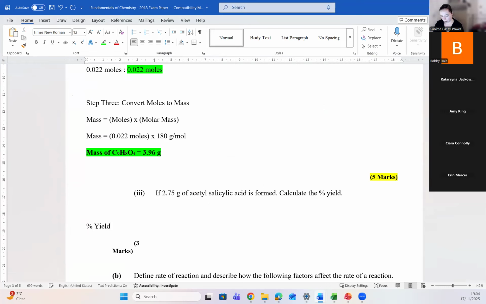Your percentage yield calculation is your actual yield, or the actual mass that we've gotten, over your theoretical mass, or as we call it, what we should have gotten.